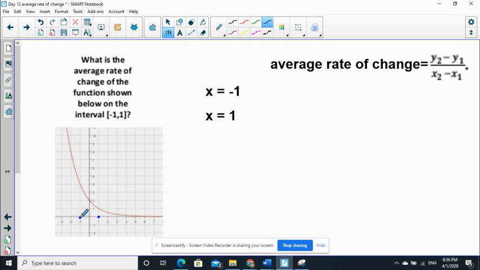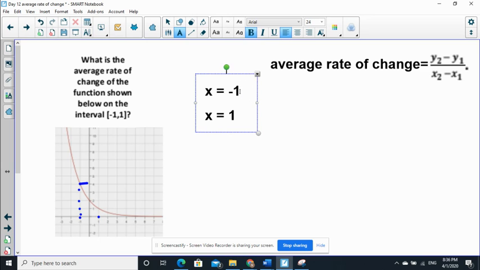Okay, so when x equals negative 1, what do you think the value of the function equals? If you go up to reach this graph, at this point, read what the value of the function is. What is y equal? 1, 2, 3, 4. So when x equals negative 1, y equals 4. That's from the graph, okay?